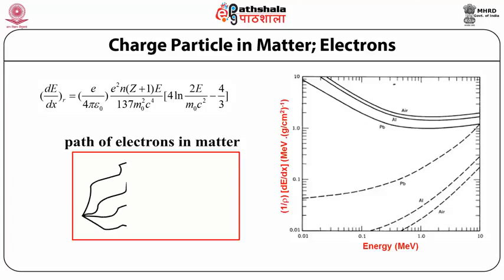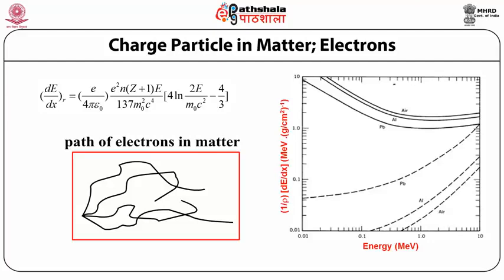The radiation energy loss as a function of energy increases with increase in energy of the electron or positron. But on the contrary, the collision loss, meaning the energy loss due to the Coulombic interaction between the incoming electron and the electron of the medium, basically decreases with increase in energy.